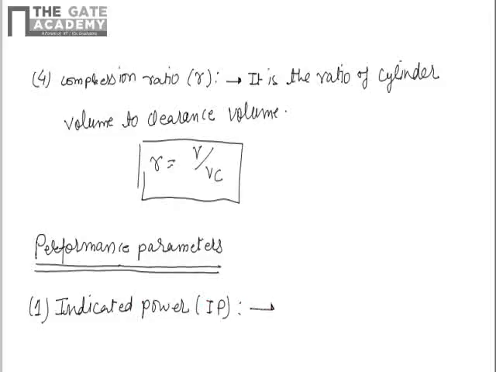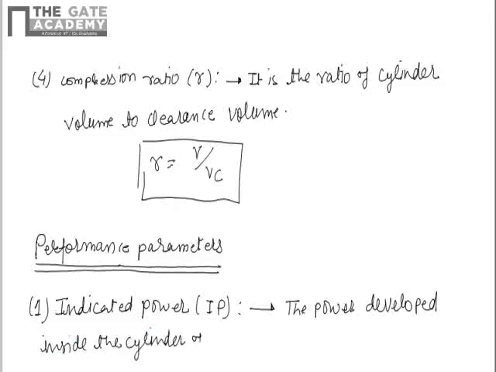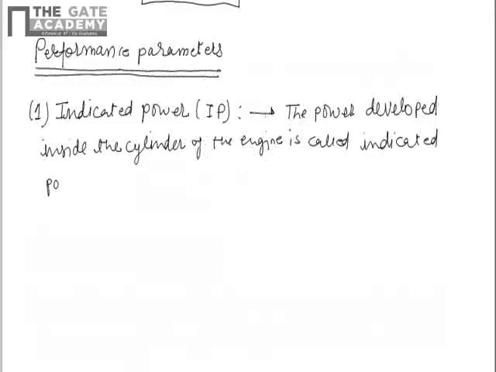The power developed inside the cylinder of the engine is called indicated power. I will again repeat: the power developed inside the cylinder of the engine is called indicated power.